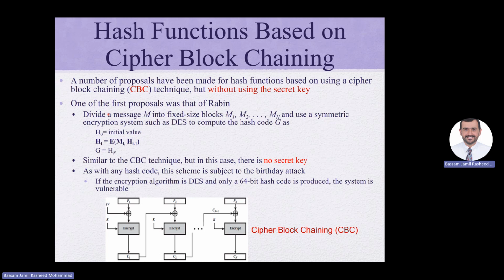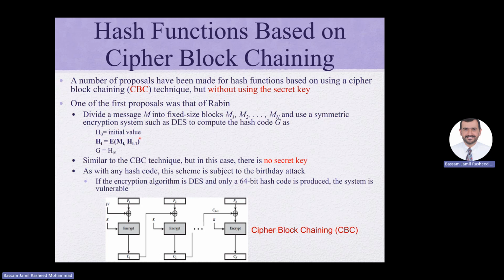or a hash digest. So one of the proposals was that of Rabin: divide a message M into fixed-size blocks, M1, M2, up to Mn, and then use symmetric encryption. The symmetric encryption goes through different layers, H0, H1, H2, H3, H4, as it processes these blocks.